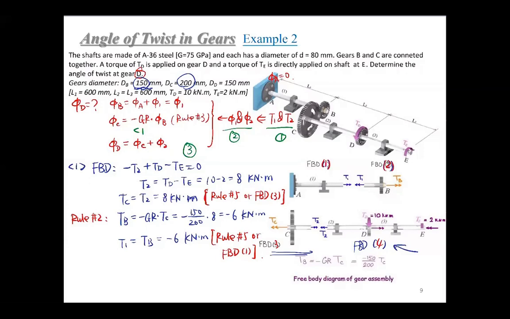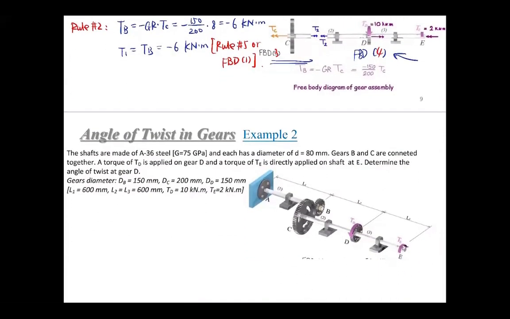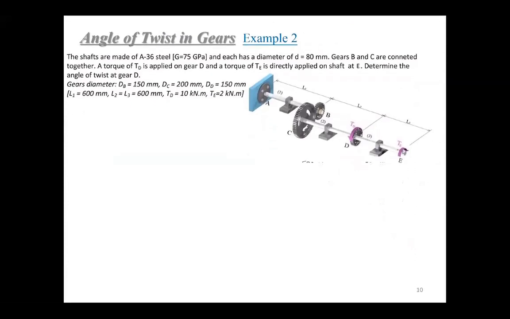So we have determined T1 and T2. This is our target: determine T1 and T2 in the first step. We're done, so we can move to step 2 to calculate the angles of twist in these two shafts. Step 2, calculate the phi's.